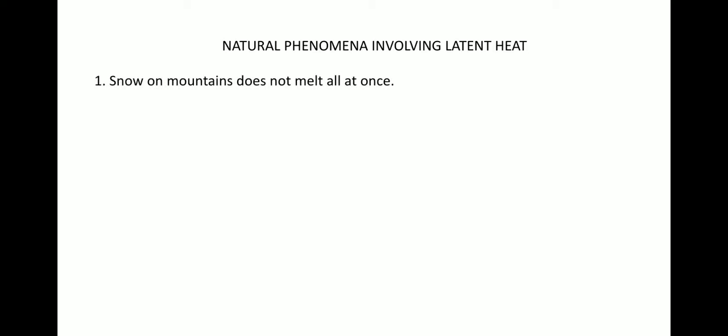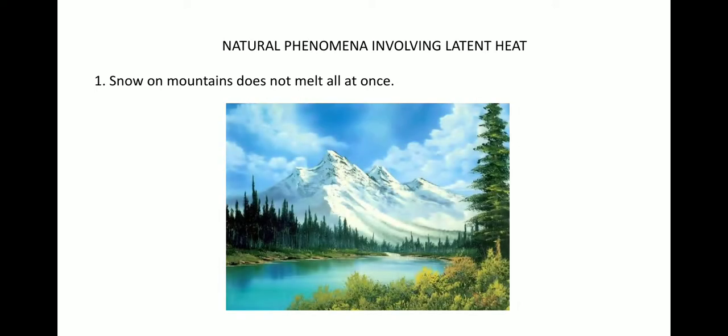Snow on mountains does not melt all at once because the heat energy required for ice to melt is quite huge. So snow cannot melt all at once because it will require a lot of heat energy to melt. The sun's heat energy is not sufficient to melt all the ice from the mountains.